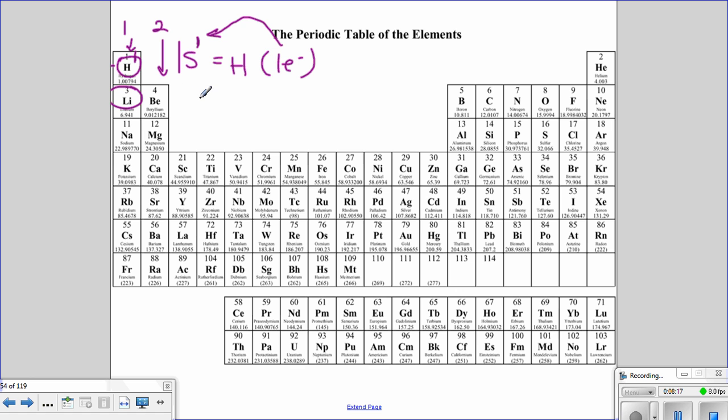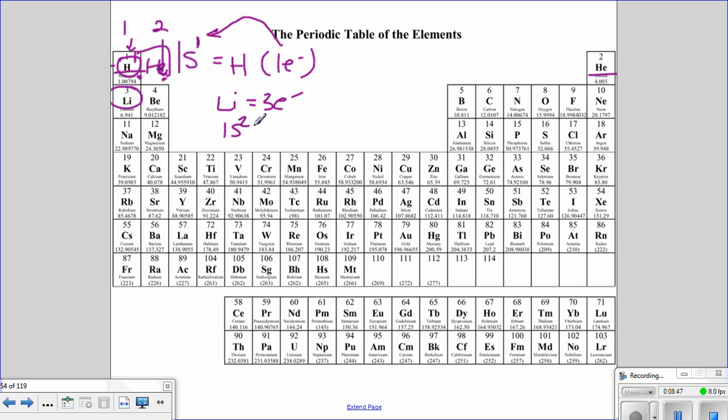Lithium is another period down. So we have to account for all the electrons that exist in helium, and lithium has 3 electrons. And we have to show how they are arranged, from period to period and from sublevel to sublevel. So lithium has 1s, because we have to travel through the hydrogen and this helium, which actually exists over here, but I'll draw it right here for you. 1s, and then there's 1 electron, 2 electrons.